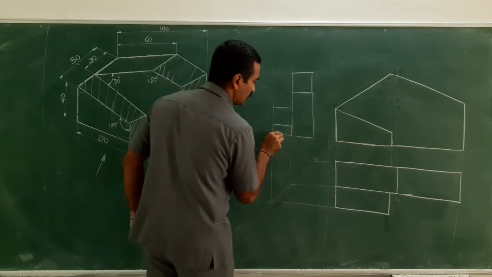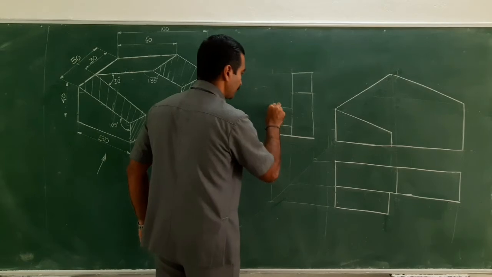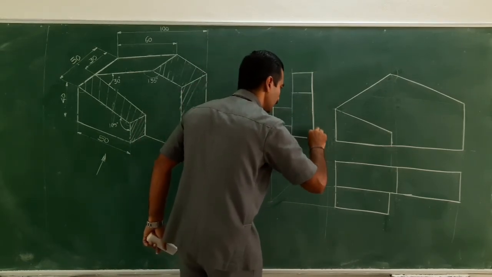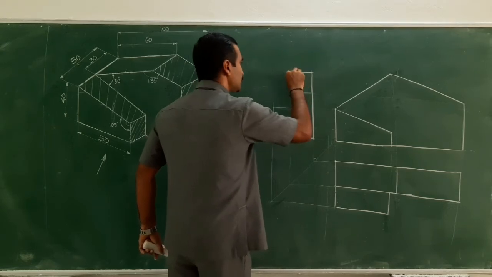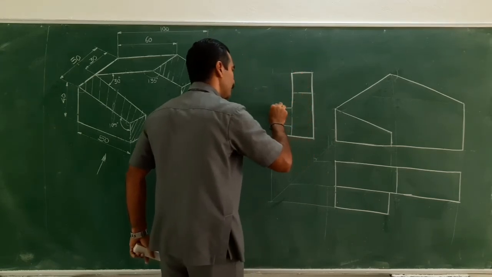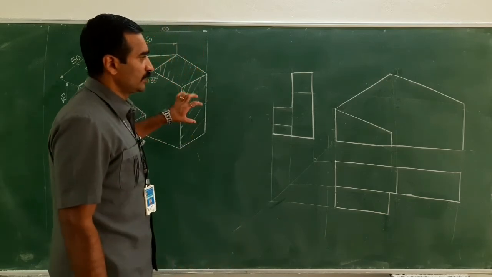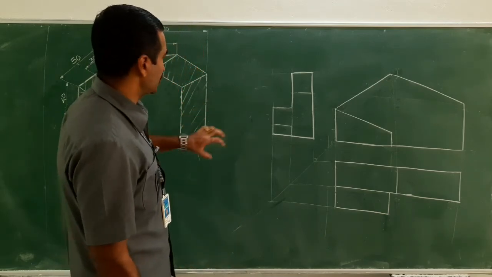So let me just close the boundary first. This is outlines, as thick line. Now let me just cross check what are the things that should be drawn as dark.